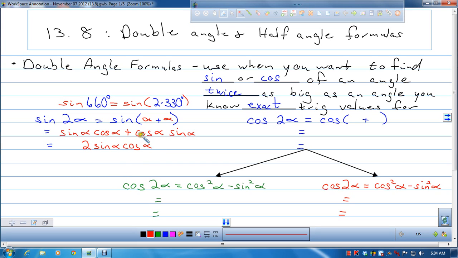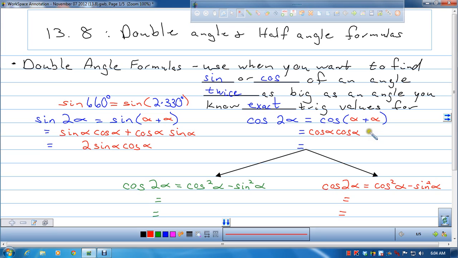Okay. Now cosine can work two different ways. Cosine of twice an angle, again, is the same as taking the cosine of alpha plus alpha, right? So what that falls into, we will have cosine alpha times cosine alpha.